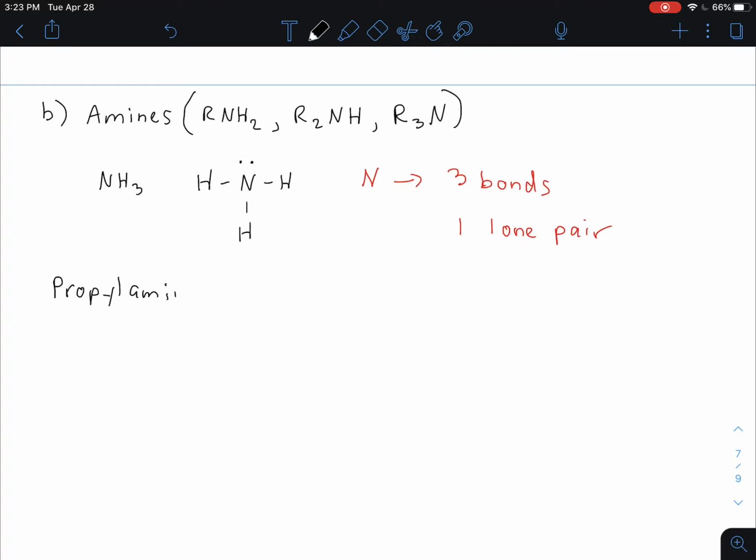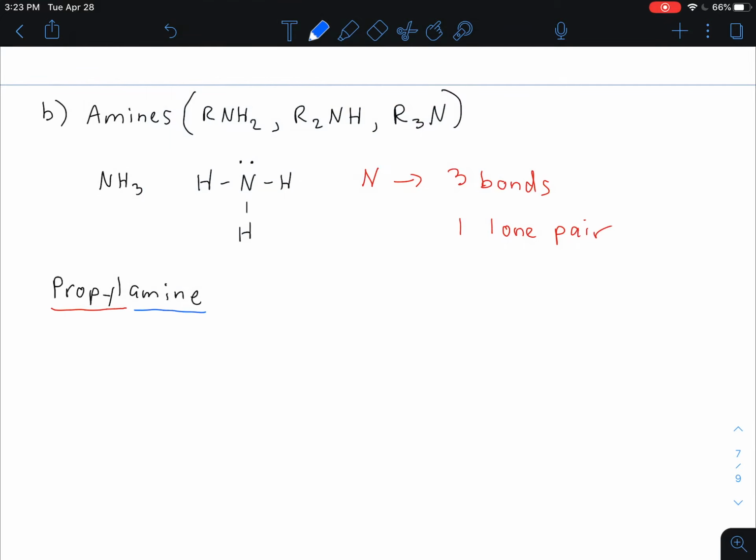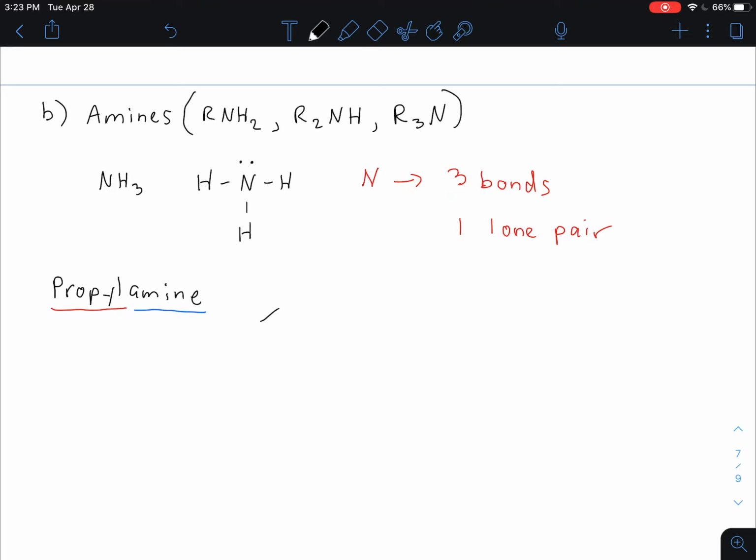So let's start with this first one, and the name for this one is just propylamine. So this naming scheme is a little bit different, right? All it tells me is propyl, a 3-carbon chain, and then amine. So the way I interpret this is that means there's 3 carbons, 2, 3, and then an NH2 group coming off of that carbon.